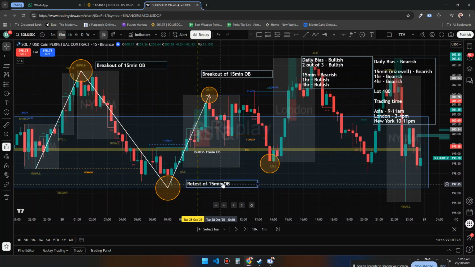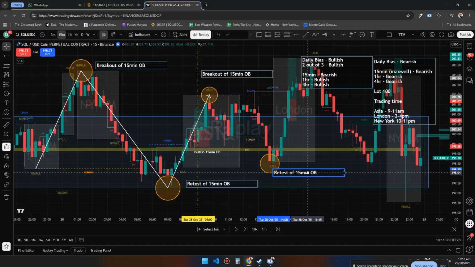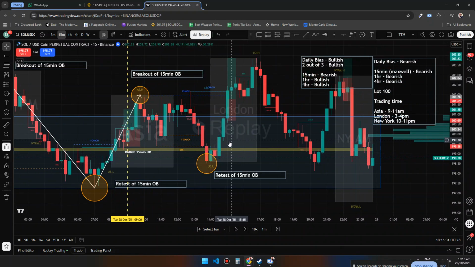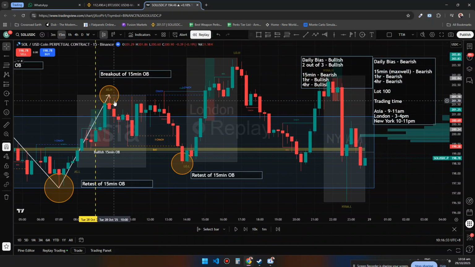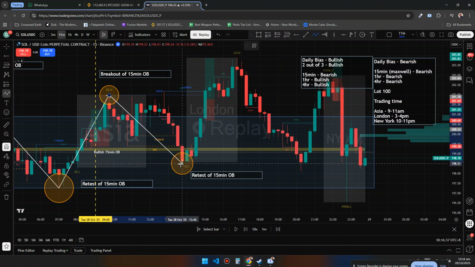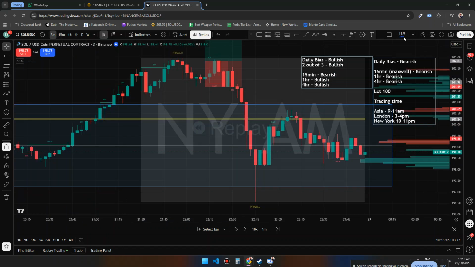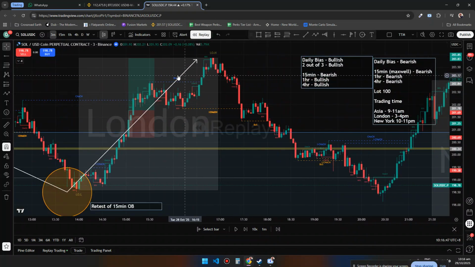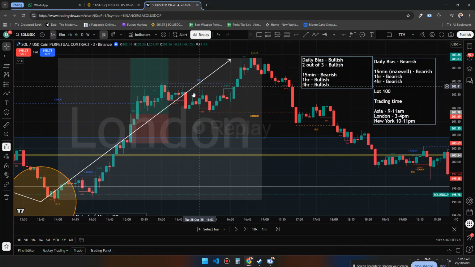It retests the 50-minute OB and went up again. Okay, so the price did this breakout of the OB, retest the OB, and then it went upward again. So this is the strategy of breakout and retest and having high probability setup.